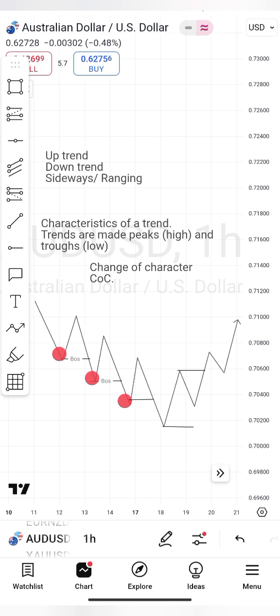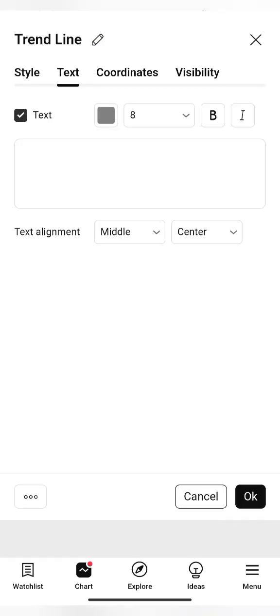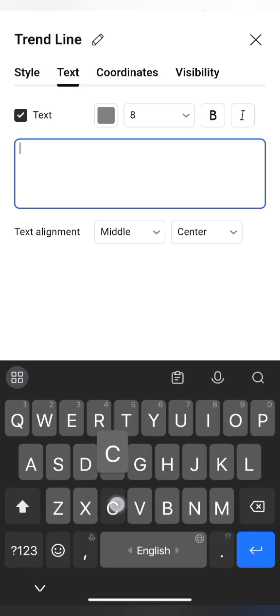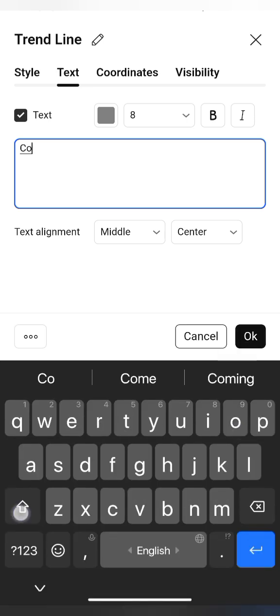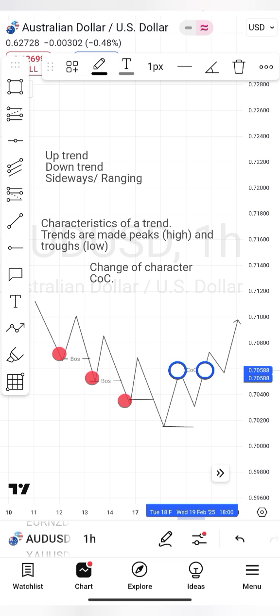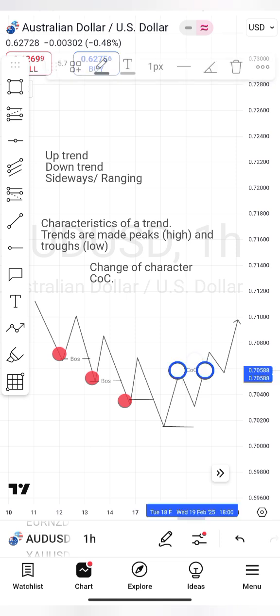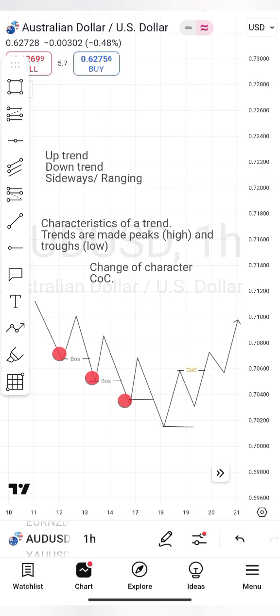So this point that you just noticed, this point that wasn't supposed to happen, becomes a change of character, because it's not in the character of a downtrend to take out the highs that are supposed to be protected. This on its own becomes a change of character.